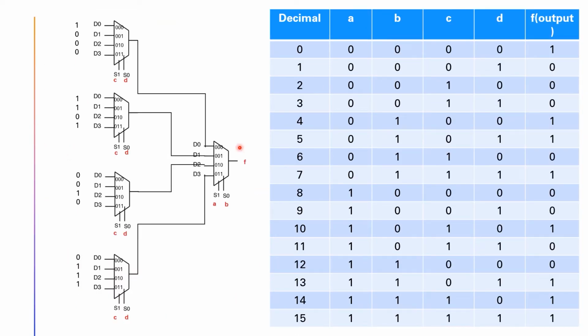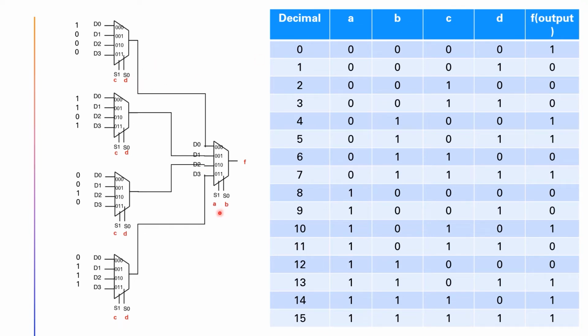So the 4 to 1 multiplexer circuit is built here. Since the Boolean function consists of 4 variables, which are a, b, c, and d, we need to build a two-stage multiplexer circuit. For the first stage, the input selectors will be c and d, which are the least significant bits of the variables.